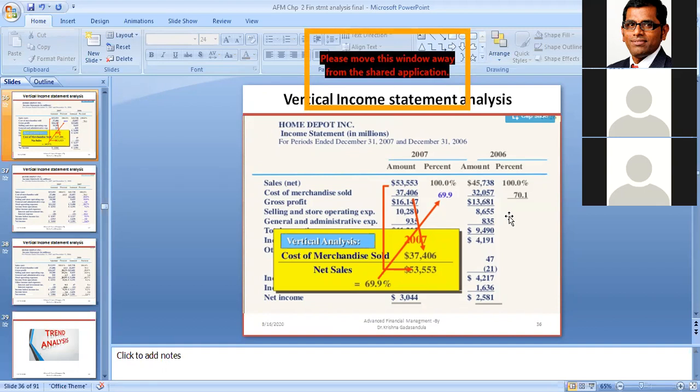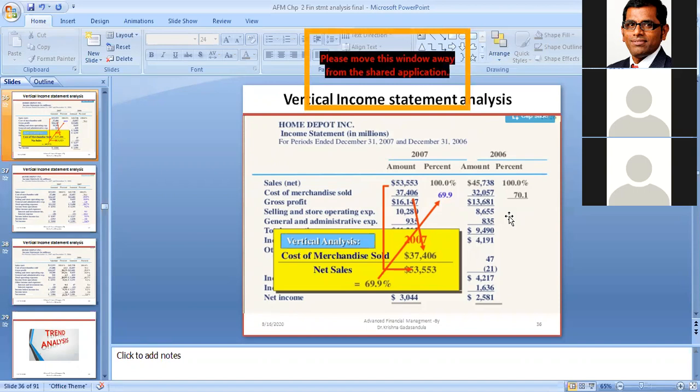By seeing the performance of the statement, banks will provide loans, shareholders will invest in your company, and suppliers will supply material to you. There are many benefits to doing this analysis. We can show your performance in the form of percentage calculations.